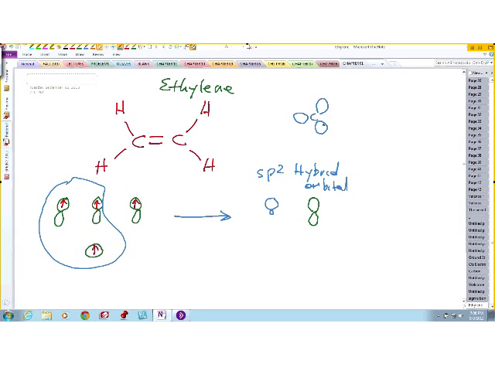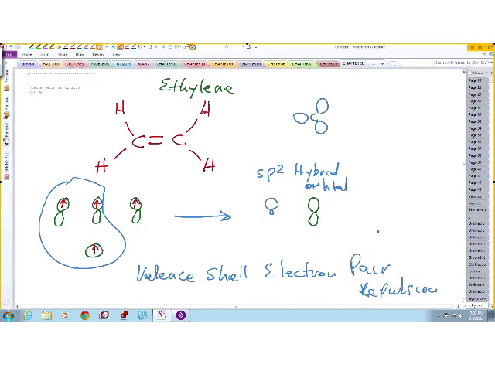Those sp2 hybridized orbitals, in order to be as far away from each other as possible, assume the angle of 120 degrees between them. Okay, because they do want to be as far away from each other as possible. And that is sometimes what we refer to as the valence shell electron pair repulsion, and that as an acronym is VSEPR.